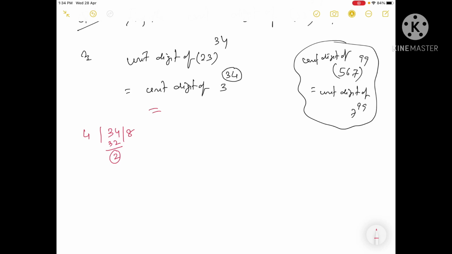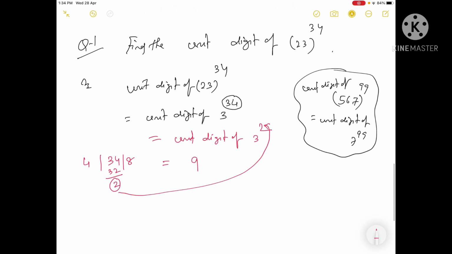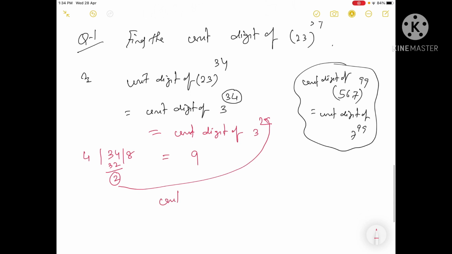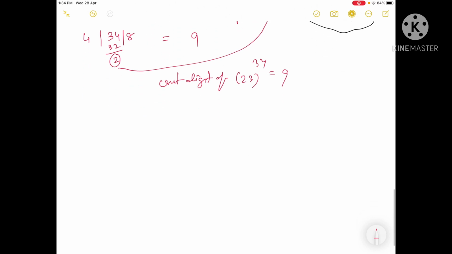So the unit digit of 3 to the power 34 is nothing but the unit digit of 3 to the power 2. Whatever remainder you get here, it becomes the power. And for 3 to the power 2, the unit digit is 9. That means the unit digit of 23 to the power 34 is equal to 9.